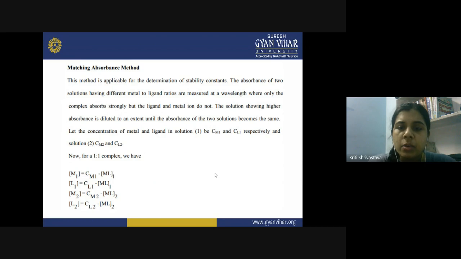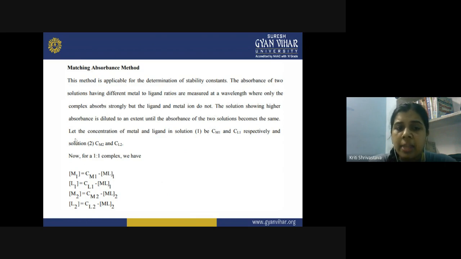So now we just dilute it, with so much care, with rational dilution. We can bring the absorbance of this solution to the level of the absorbance of the other solution. So basically by measuring the absorbance of the two solutions, you are leveling their concentrations.